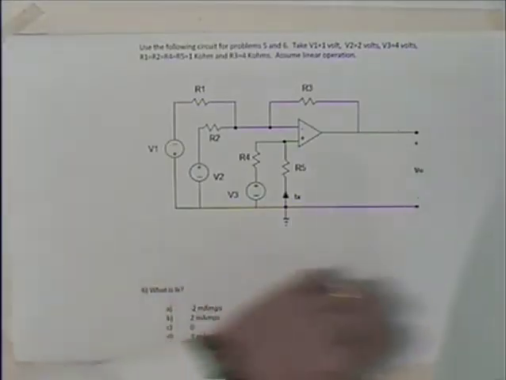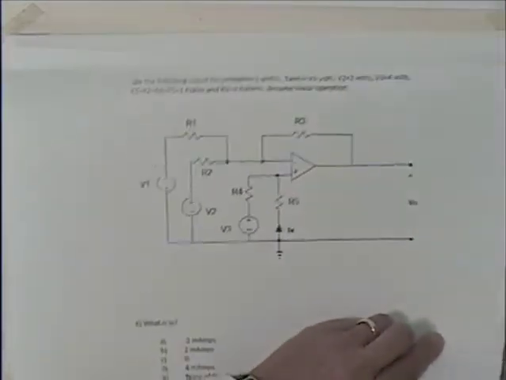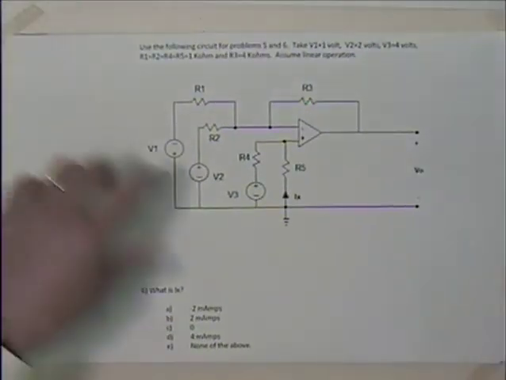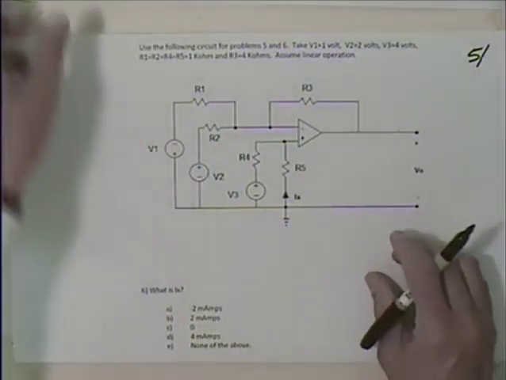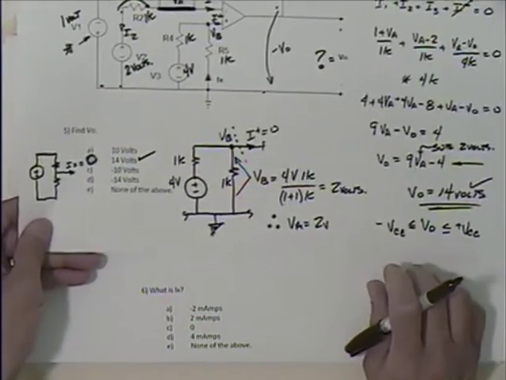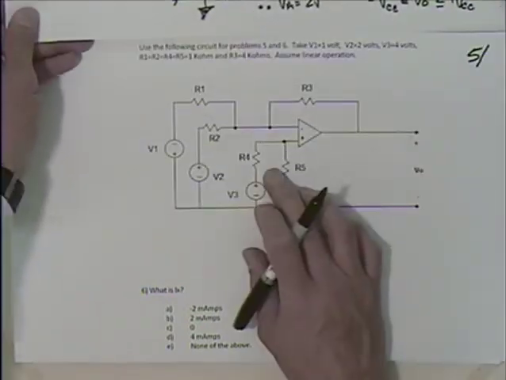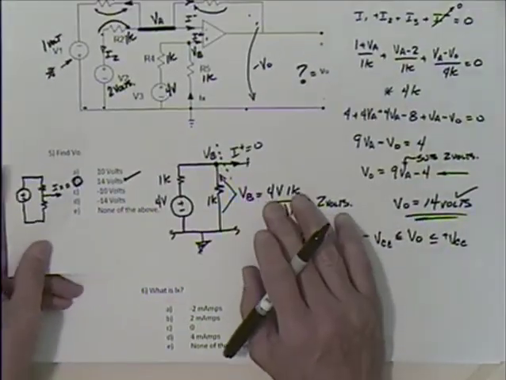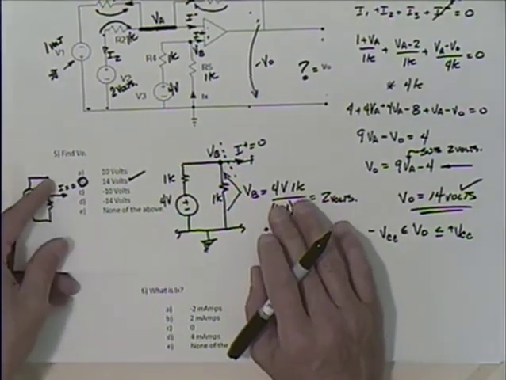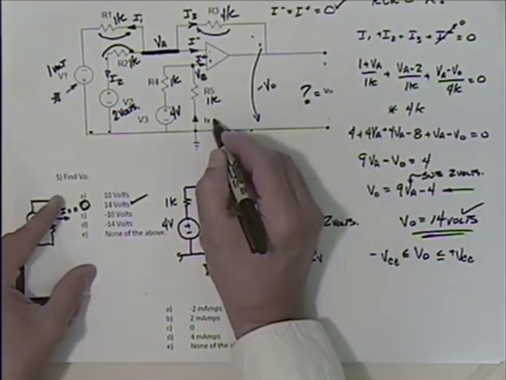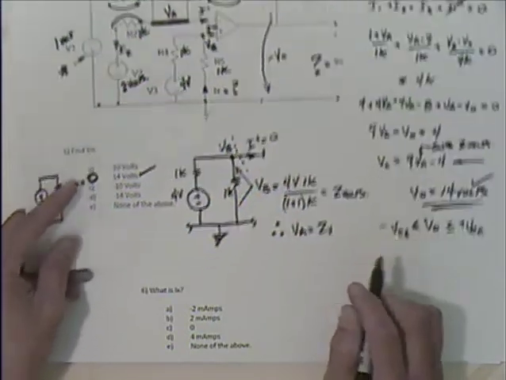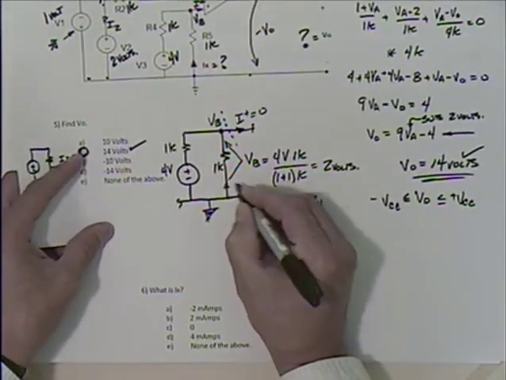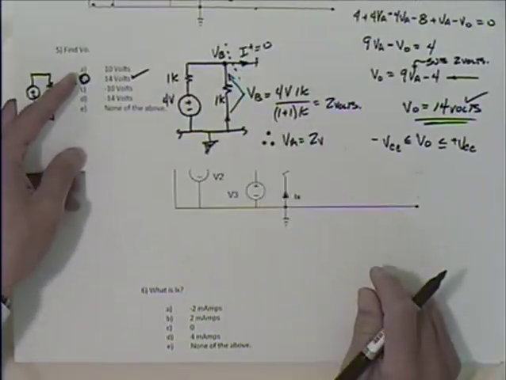Now, the next part, which builds on this, is, given this circuit, everything remains the same. What is IX? Well, where in the world is IX? IX is right there. So if I come down to this diagram here, there is IX, isn't it?